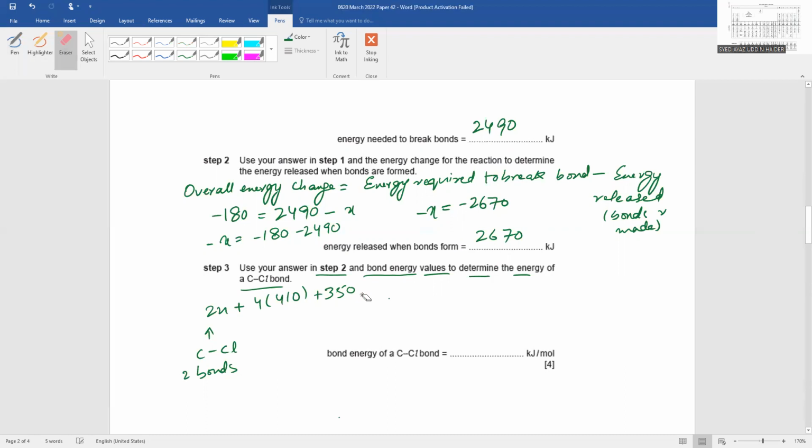And it should be subtracted from 2670. Sorry, it should be equal to 2670.